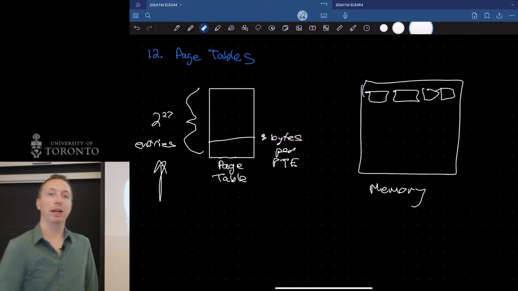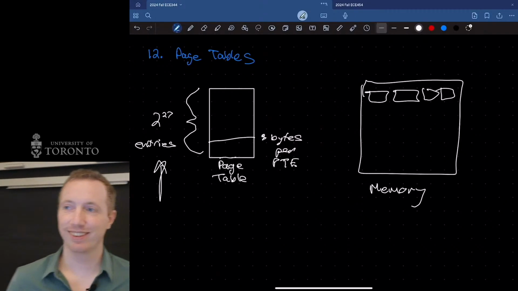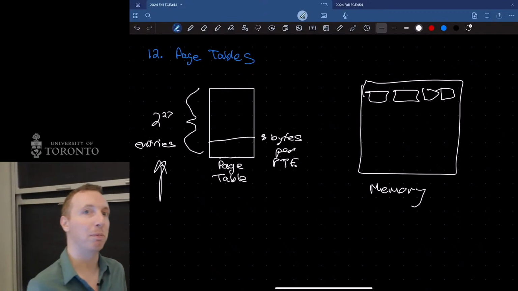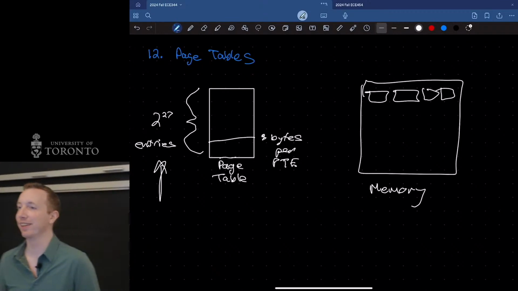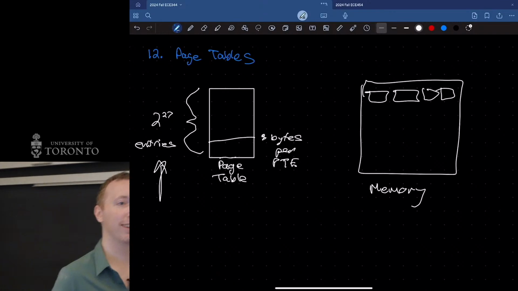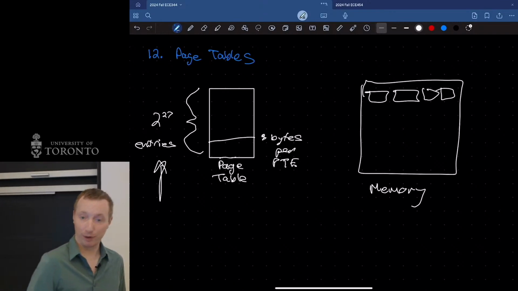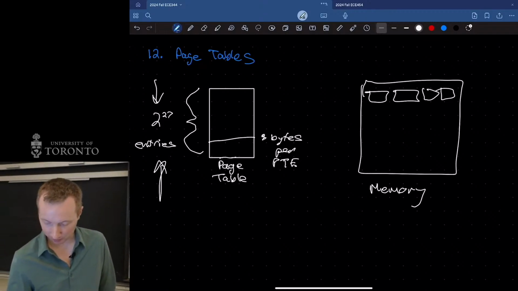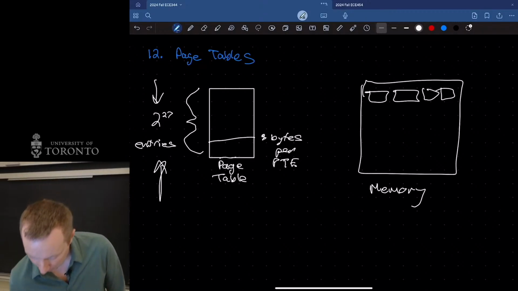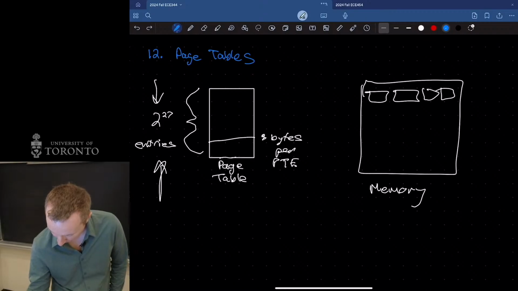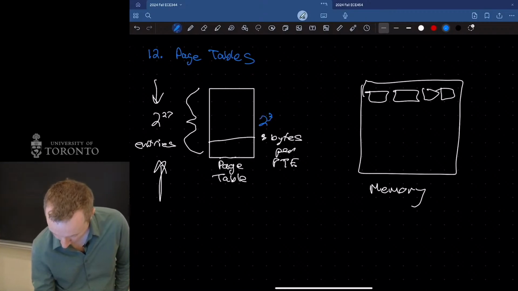So how big is this page table in bytes? Yeah, 2 to the power of 30 bytes. This is how many entries I have, and if each entry is 8 bytes, that's 2 to the 3.